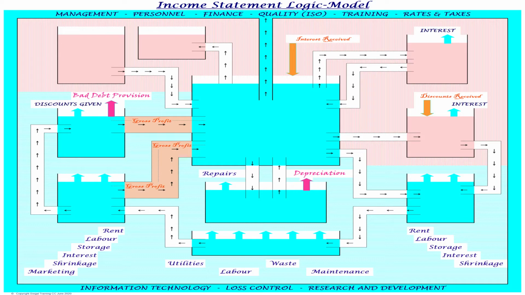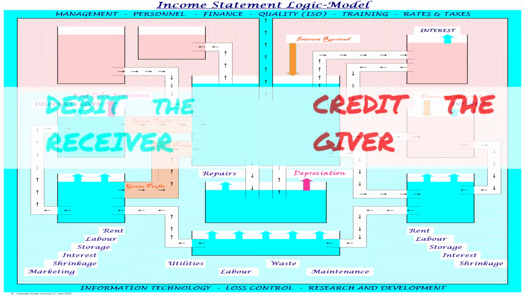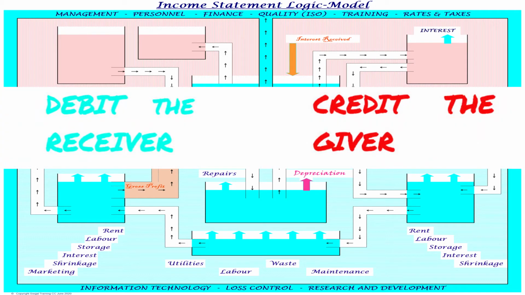So all the outflows are expenses, and all of those must be debited, and all inflows must be credited. Now this didn't fit quite well with my first rule, which was debit the receiver and credit the giver, because I'm sitting and saying, well, the income I'm receiving, so why aren't I crediting that?